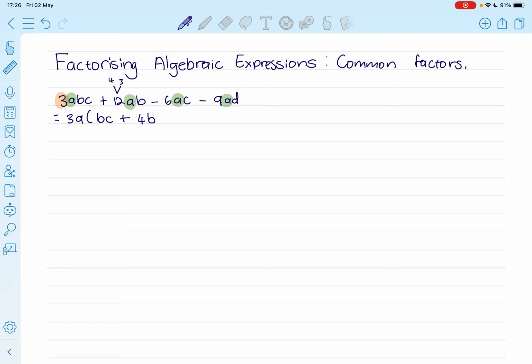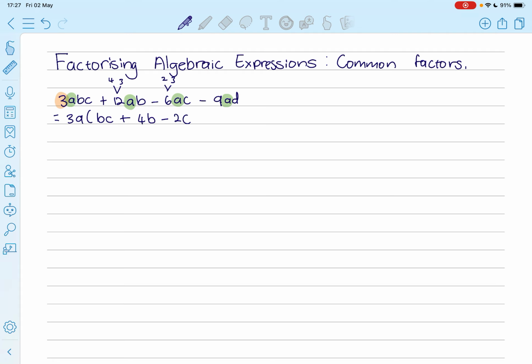In the third one, we are taking out 3 again. So 6 is made up of 2 times 3. So that means if we take 3 out, we're left with 2, and we're also taking a, so all that's left is 2c. So this is minus 2c.